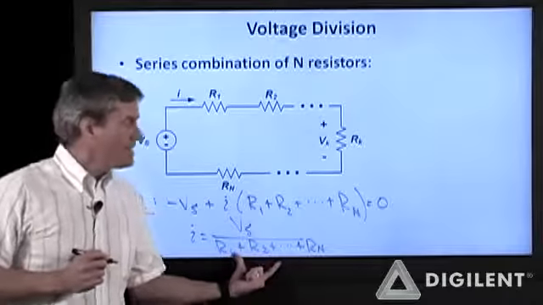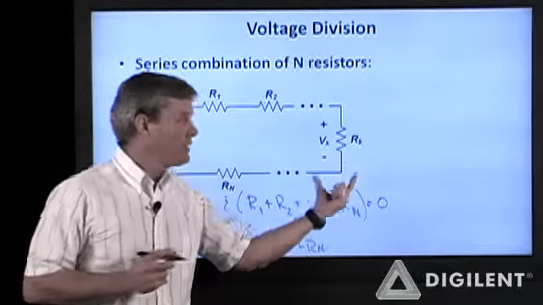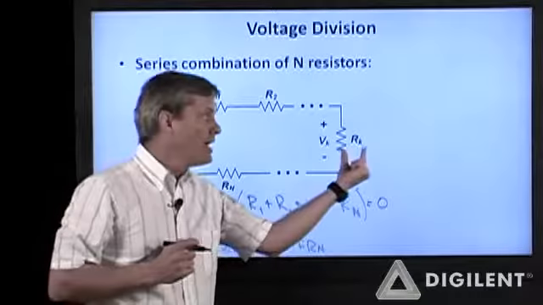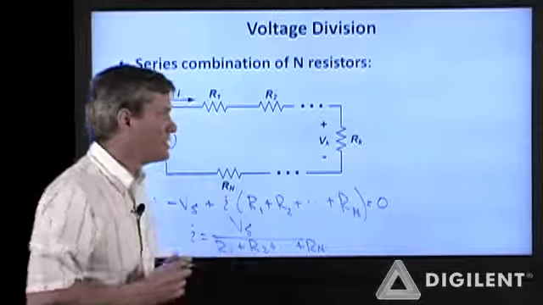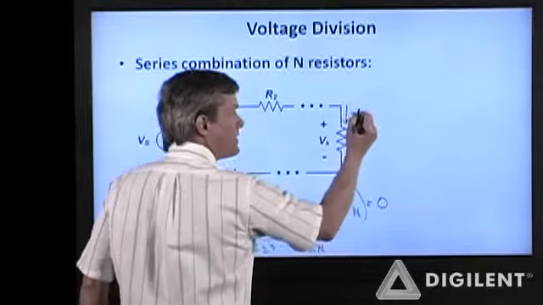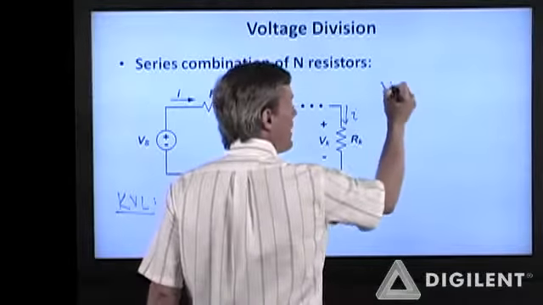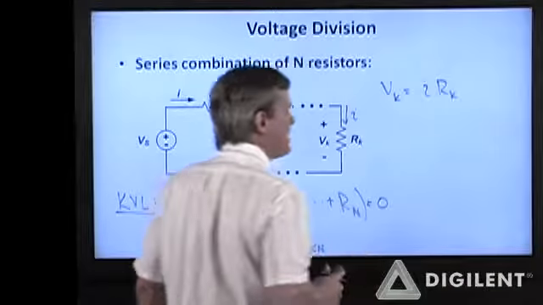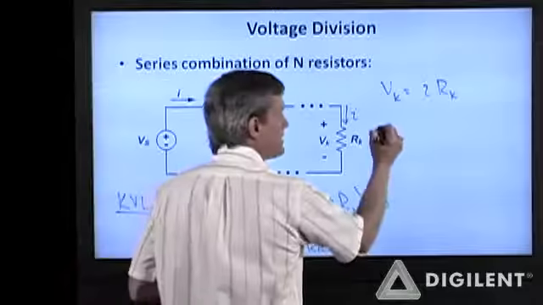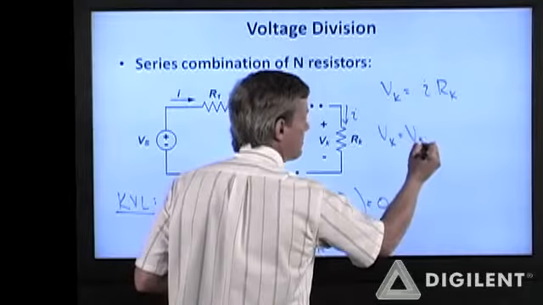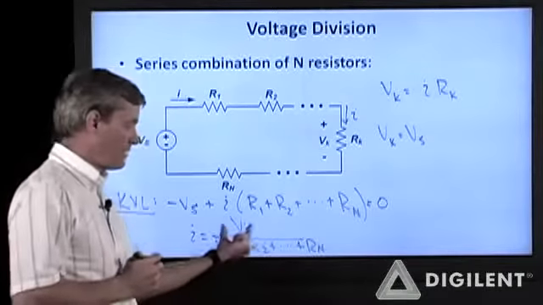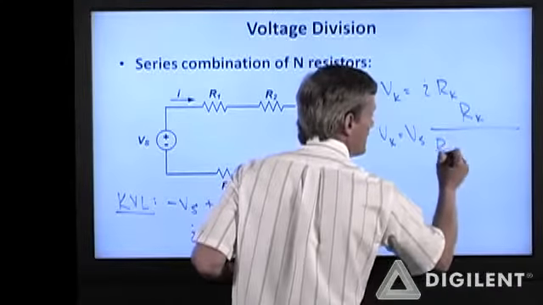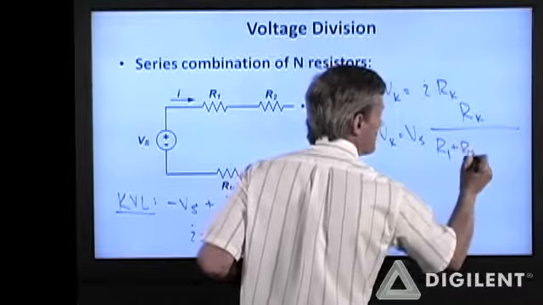Now I can use this equation and Ohm's law to determine the voltage difference across any individual resistor. If I want to look at the kth resistor, I multiply this current times R sub k. So V sub k is equal to I times R sub k. I is this, so V sub k is equal to V sub S, pulling that out front, times R sub k over the sum of all the resistances.